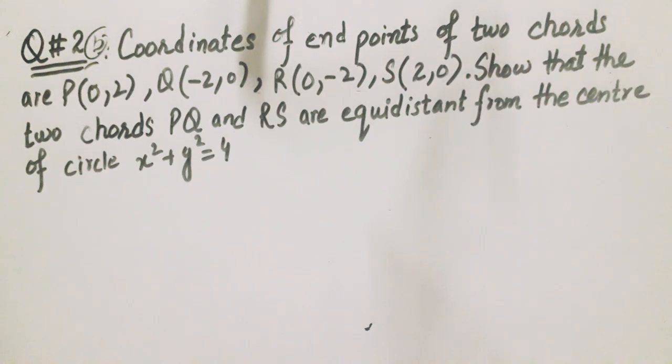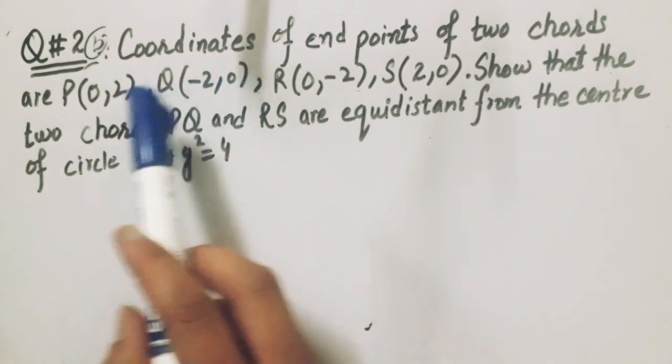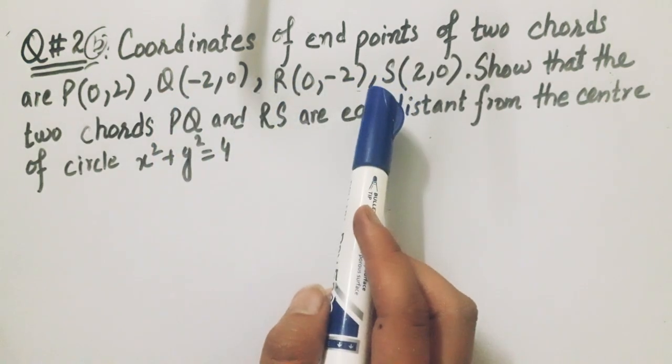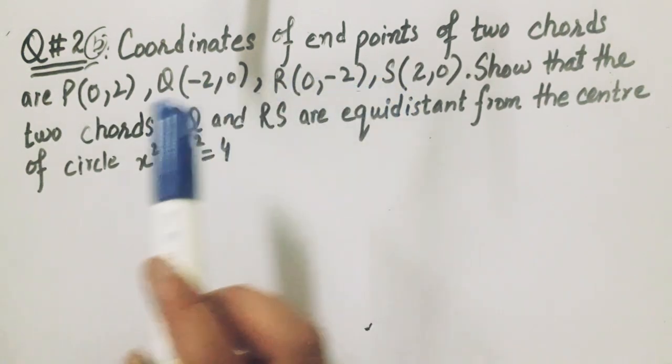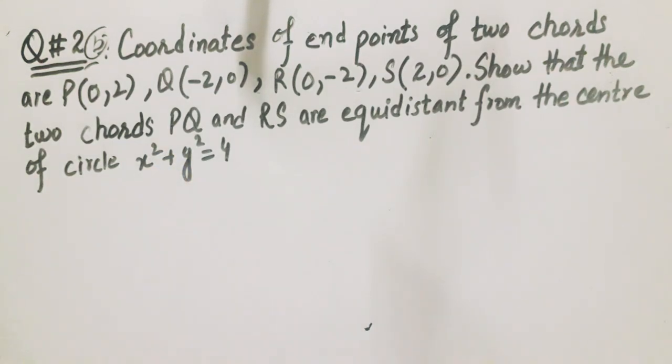Now we will try to solve this question in very easy and simple way. Now first of all, understand the question. Here the endpoints of PQ are given of the chord and RS endpoints are also given. And equation of circle is also given, that is x square plus y square.